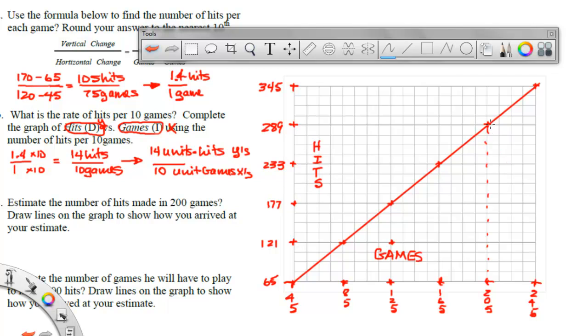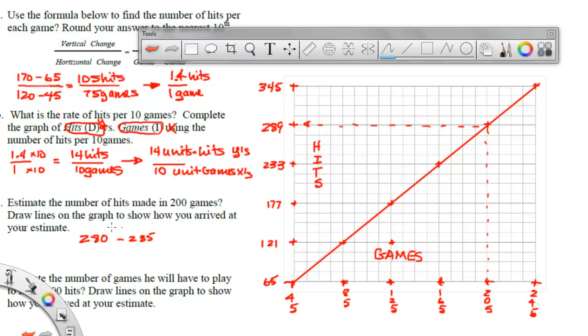There's where it hits this diagonal line, so this tells me how this is supposed to convert over to how many hits. Well, for 205 games, I get 289 hits.